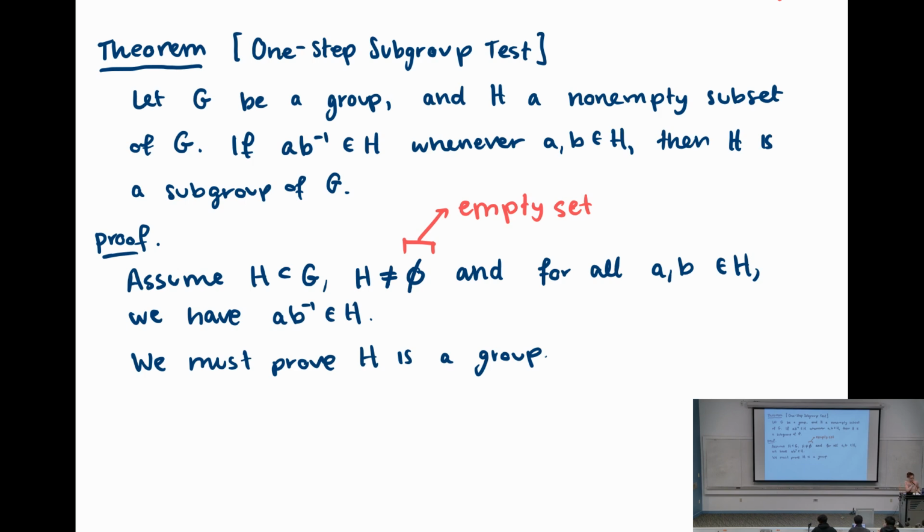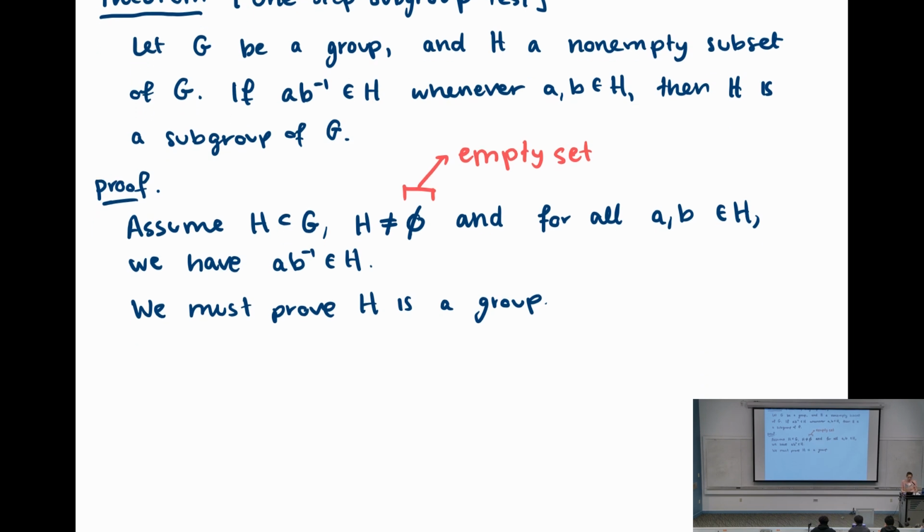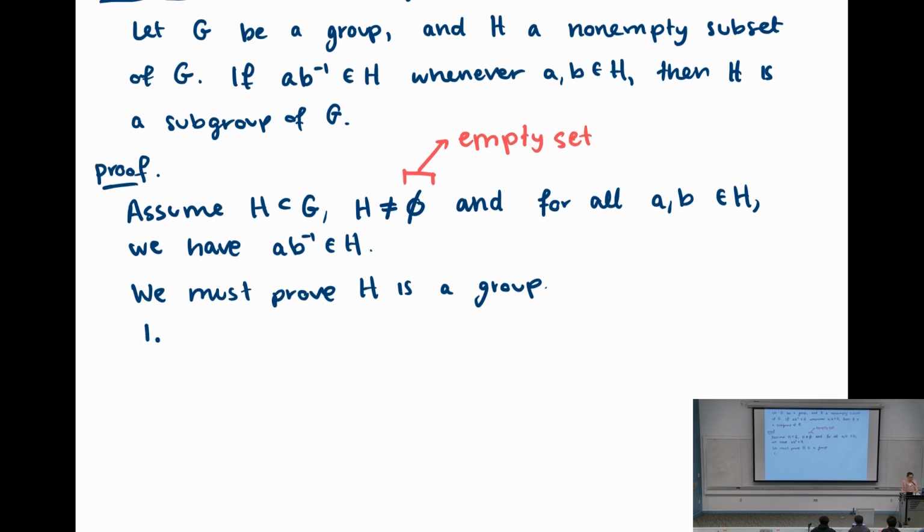Okay, in order to prove that this is a group, we're going to have to verify the three group axioms, and then we'll also have to show that H is closed under the operation. In other words, that for all A, B in H, we actually do have that A times B is in H. So let's prove each of those things. The first one is associativity. Why do we have associativity?